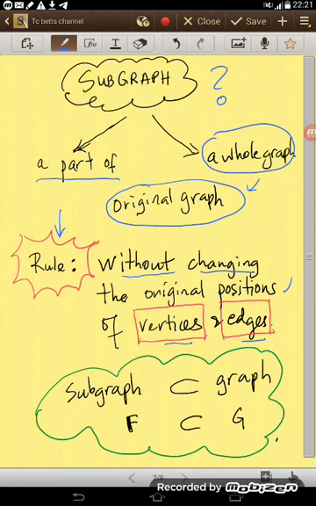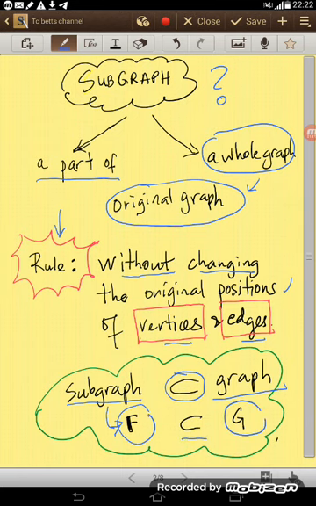The vertices and the edges must be in original position. And we can also say that a subgraph is a subset of the original graph. If the subgraph is F, then F is a subset of the original graph.